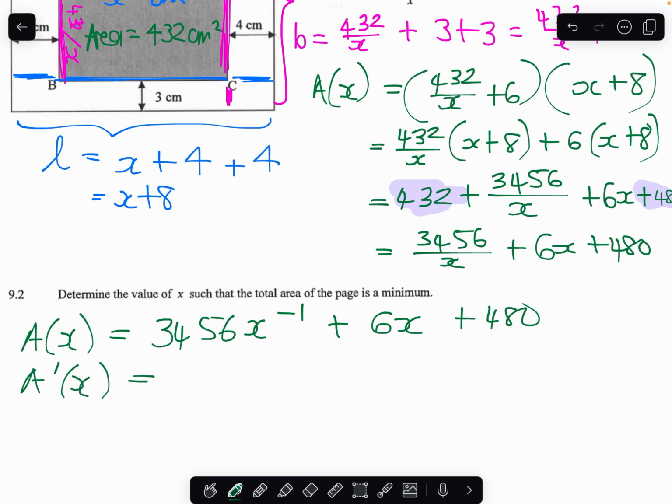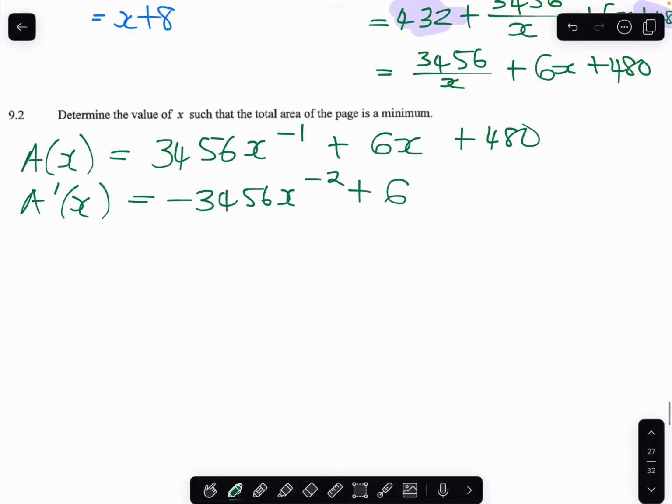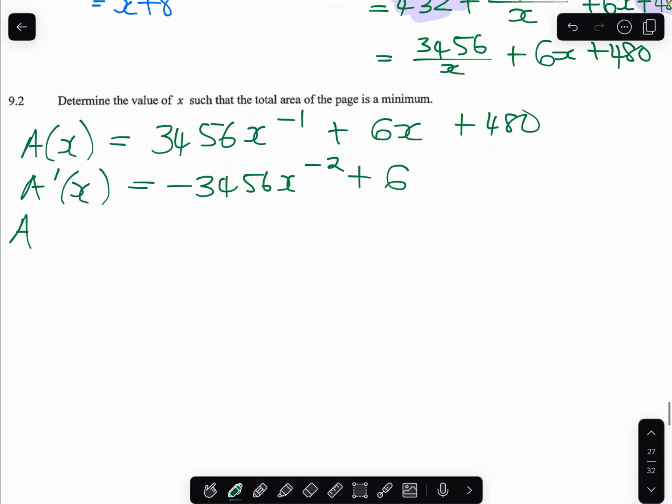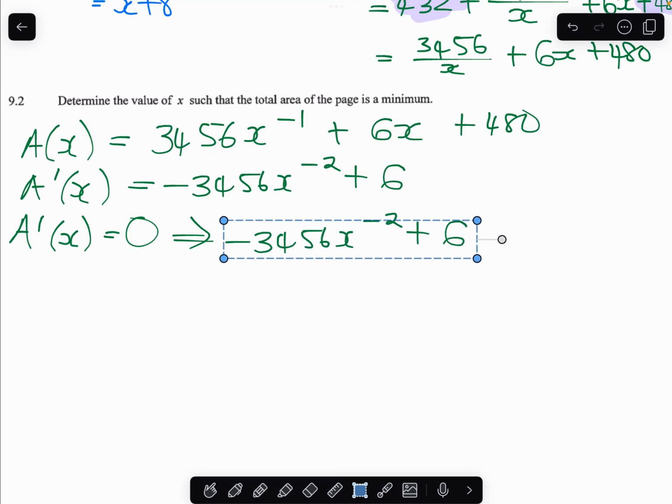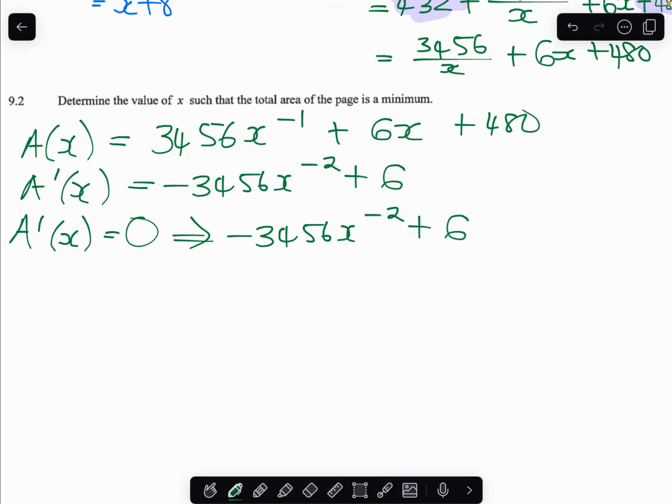So A prime will be negative 3456 x to the minus 2 plus 6, and we want to see where this is equal to 0. So we are solving this.